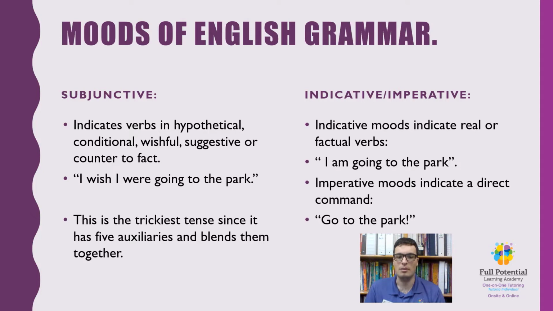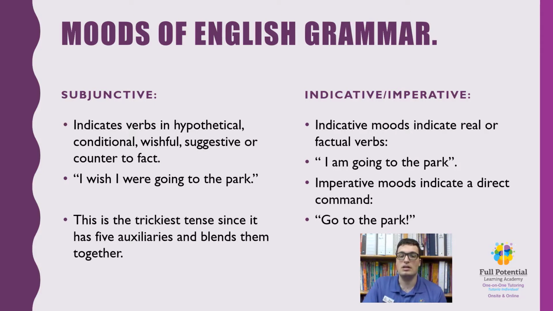Moods of English grammar. There are three moods of English grammar to consider. There is indicative grammar, which is grammar that relays real or factual statements. I'm going to the park is an example of one. There's imperative mood, which indicates commands. Go to the park is an example of that.